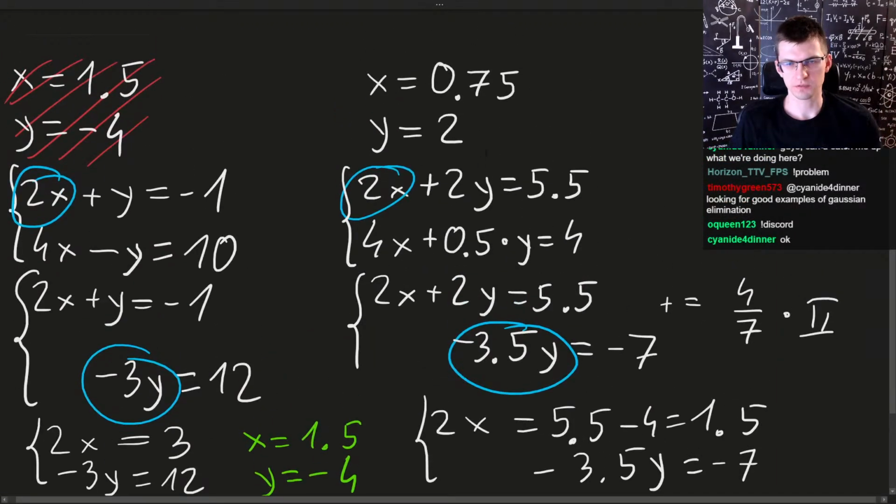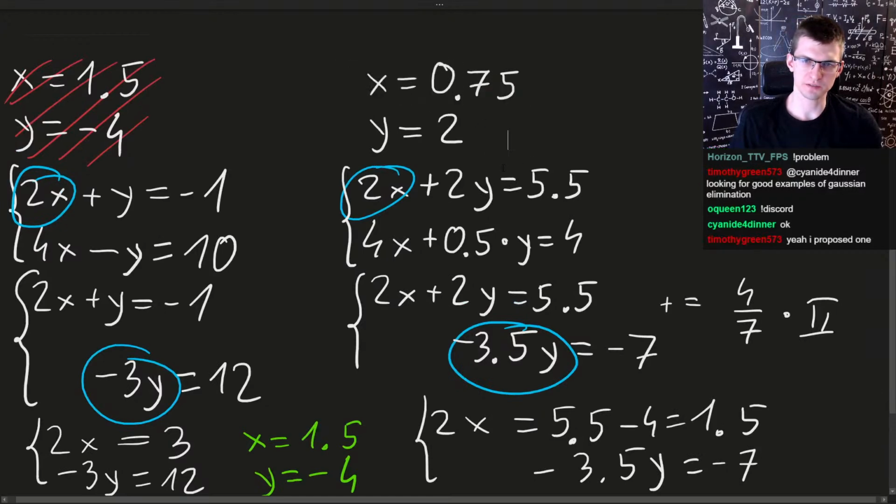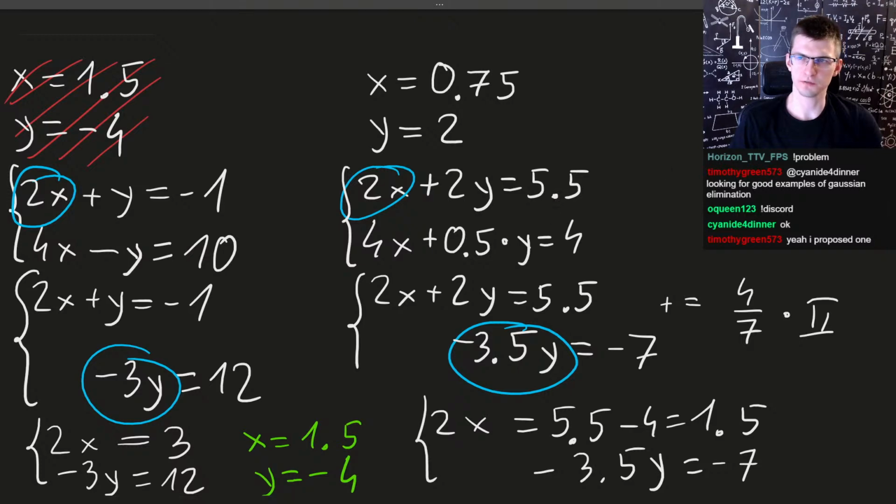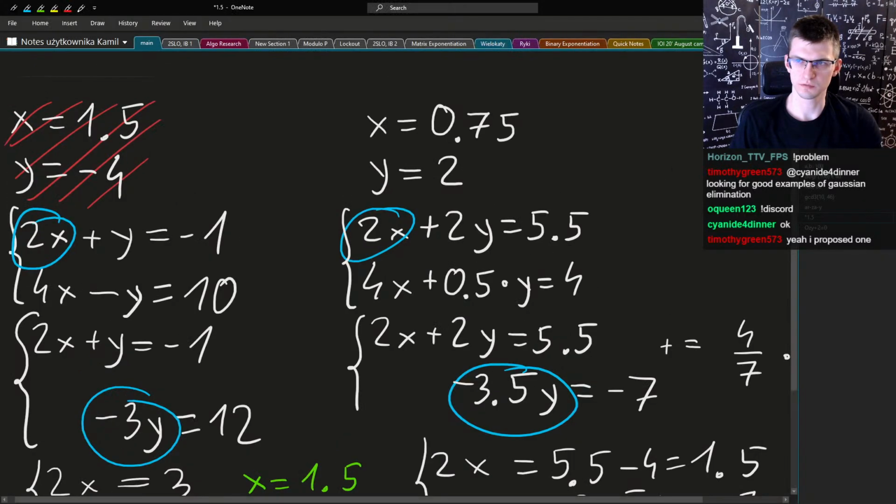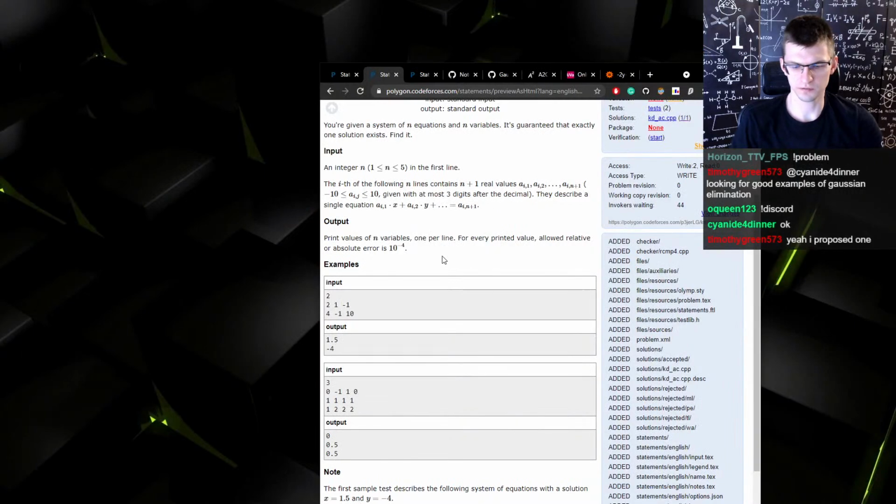Yeah, so let's replace the first example with this. 2 to 5.5, 4 half 4.